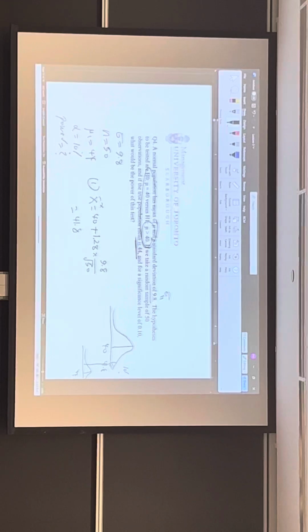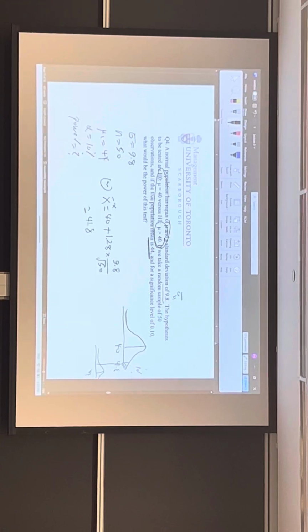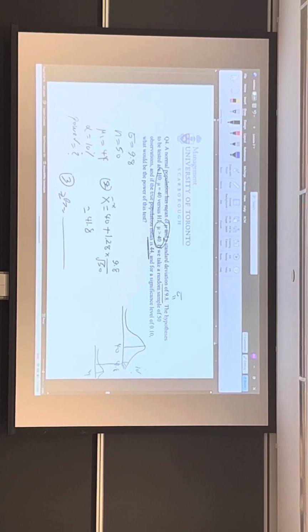Now, if you go to step number 3, I call this step number 2 already. If you go to step number 3, calculate z of beta, which is this one. That should allow you to calculate these two areas, depending on what you're interested in finding.